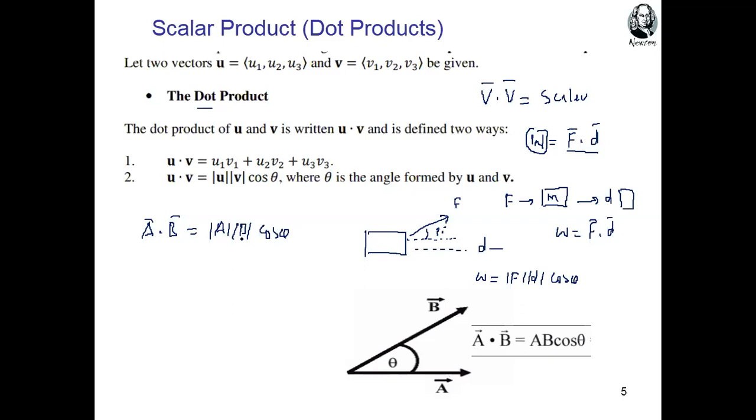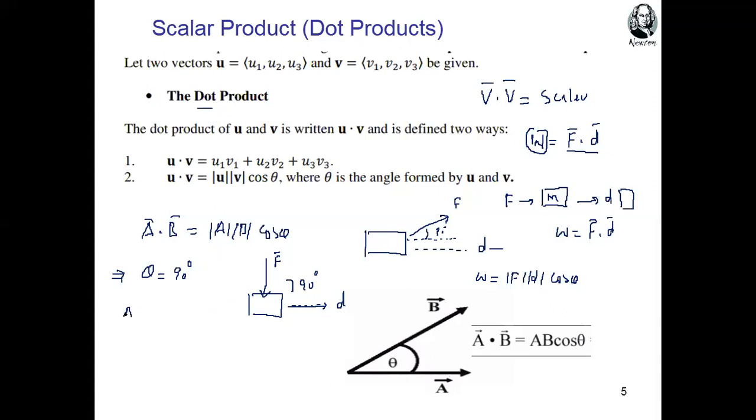So maximum and minimum values are also possible. First, let's suppose the angle is 90 degree. If we have a body and you are applying force on this body, you want to displace this body in the x-axis direction. You can see displacement is on the x-axis and your force is along the y-axis. The angle between these two is 90 degree.